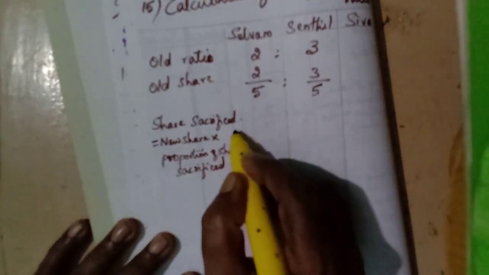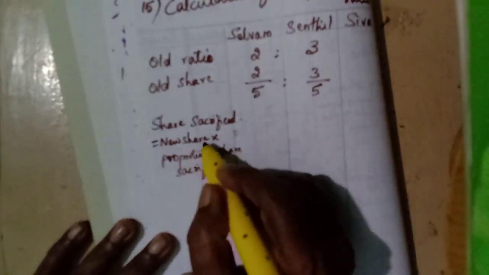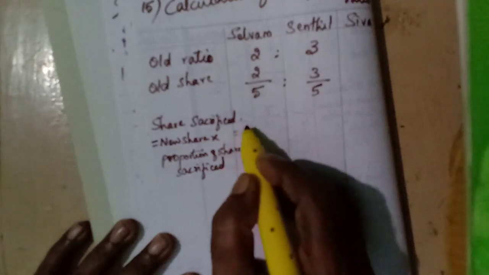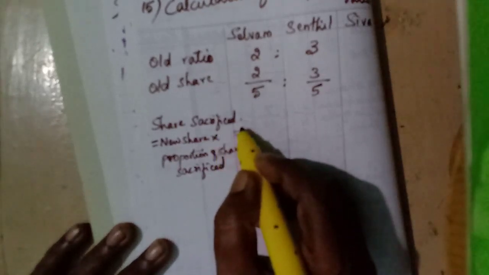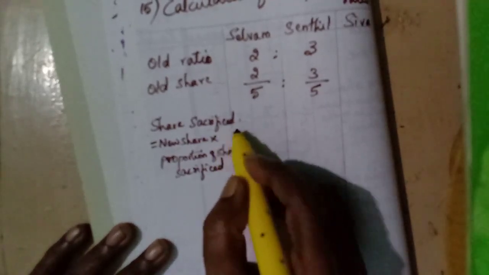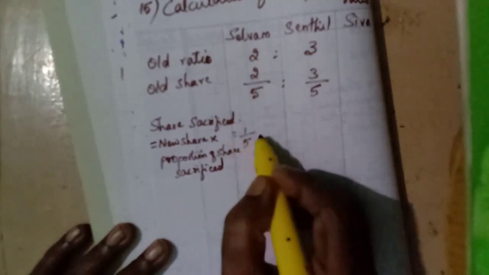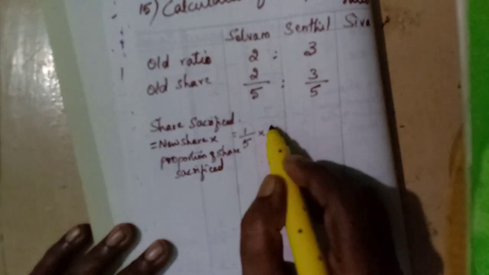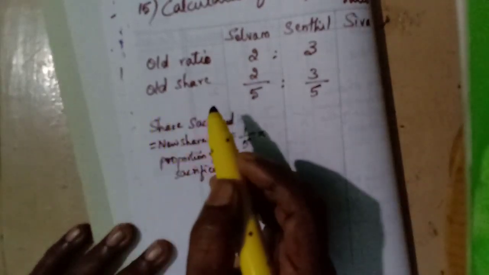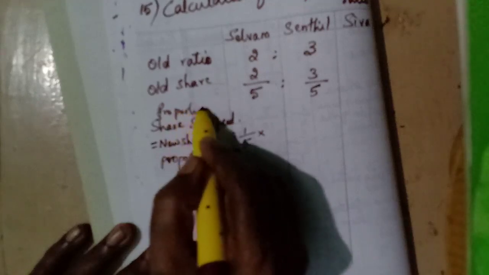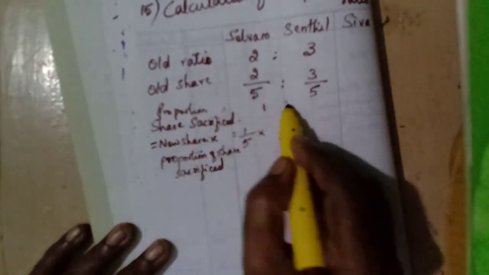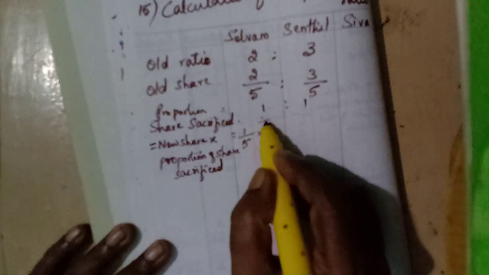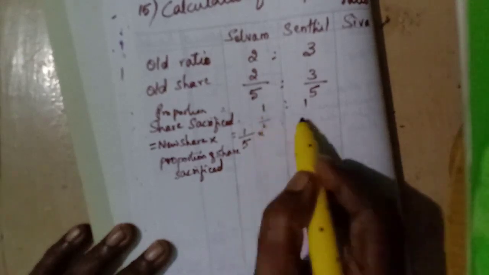Here the new share of the new partner is 1 by 5, into proportion of share sacrificed 1:1, isn't it? Proportion 1:1 means 1 by 2 and 1 by 2.